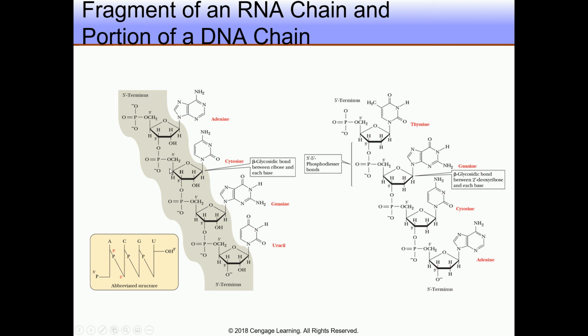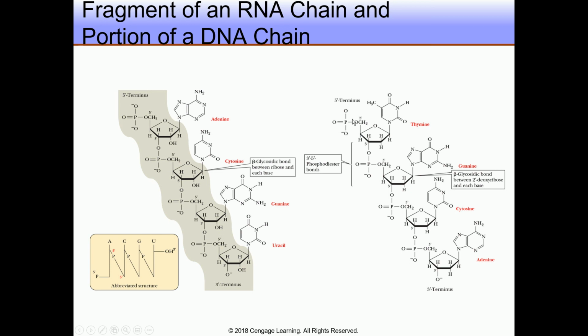So you can see the orientation of this strand: in this strand the phosphates are on this side. Phosphate is attached to the fifth carbon, which means that in this strand of DNA, all the phosphates are on this side, which means 5 prime is on this side.